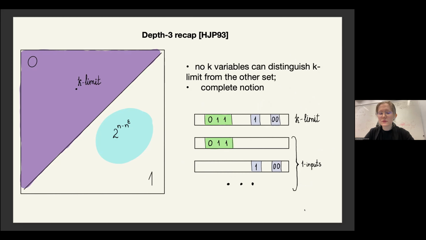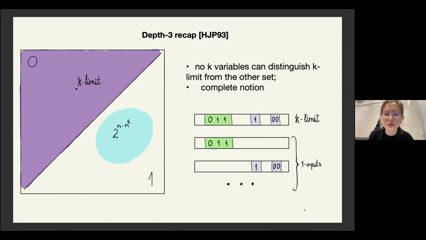So I'm taking this point, my K-limit, and I'm looking at any K variables inside this, at any K indices inside this Boolean string. For example, these green ones. And then I will be able to find a point in my chunk of ones, this light blue set, such that I have the same values in these indices.